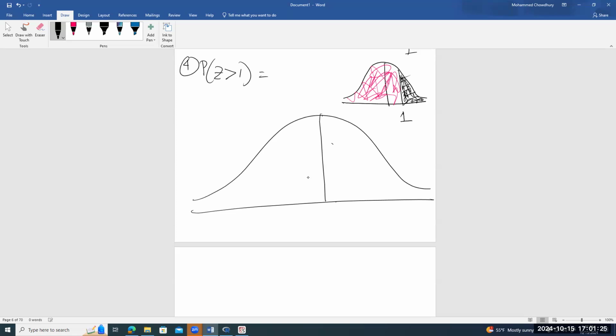Understand? So now, if I am asked to find this black shaded part, then if I subtract the red one from 1, I will get black. So this is equal to 1 minus probability of z less than or equal to 1, which is equal to 0.15866 that I already found.